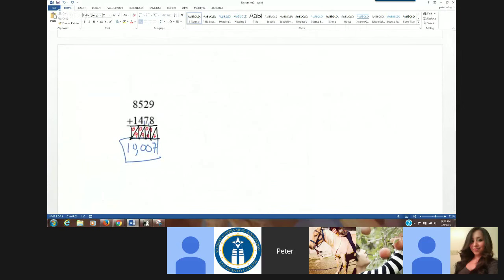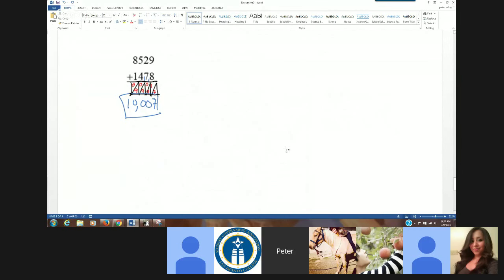Okay, so front-end adjustments, and again, the estimation technique is you have to pay attention to what the goal of the problem is. So if I'm trying to get to the nearest thousand, then I want to estimate each number up to the closest thousand.